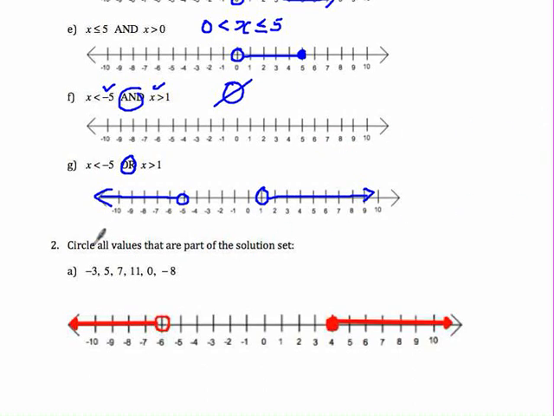Okay, if we move on now to the second example, we are asked to circle all values that are part of the solution set. So we've been given our graph, and really what we're trying to do is identify whether or not the numbers listed are included in the solution set represented on the number line. Minus 3 clearly falls between the two and is not included. The number 5 is included, as is 7, as is 11.